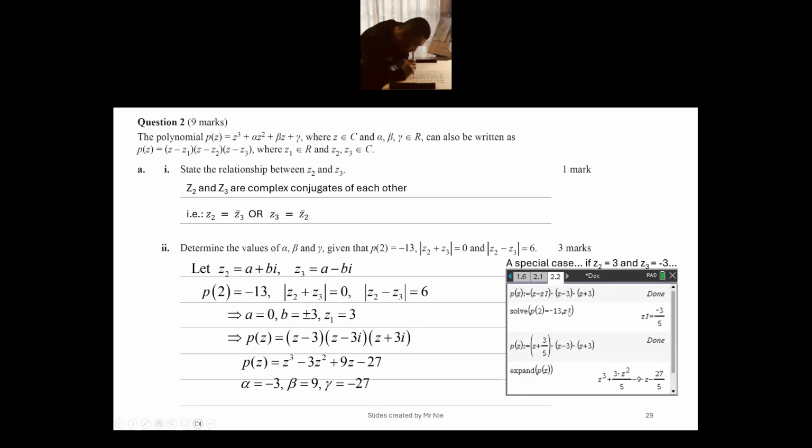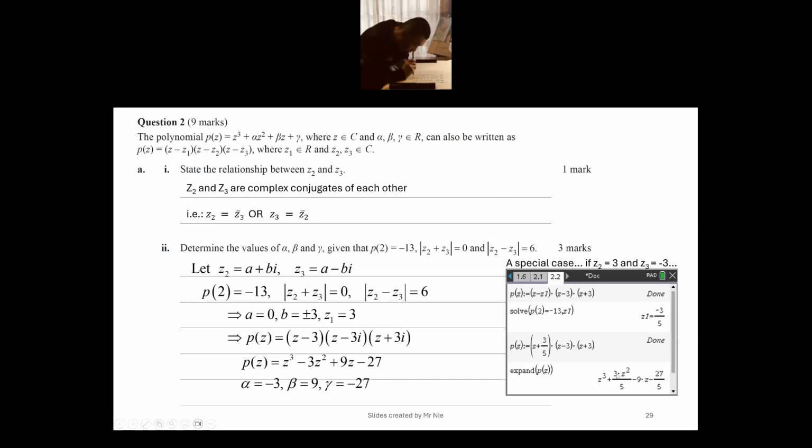So solving that equation, you'll be able to get a z1, which is -3/5, and then expand the corresponding polynomial. You will be able to get, let's say, +3/5, -9, and -27/5. And this was also indicated in the examiner's report for 2021 Specialist Mathematics Exam 2.